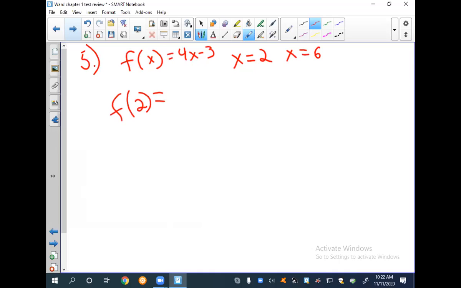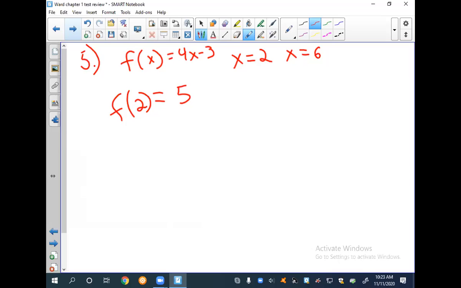So you do f of 2 right there. If it's a really easy problem, I'm fine if you just do it in your head, but you have to put f of 2 there. When you plugged in 2 for x, you got what? On this one, we should be able to do in our head: 4 times 2 is 8, and 8 minus 3 is 5. Boom. So f of 2 on number 5 equals 5. That's your answer. That's exactly how it should work.